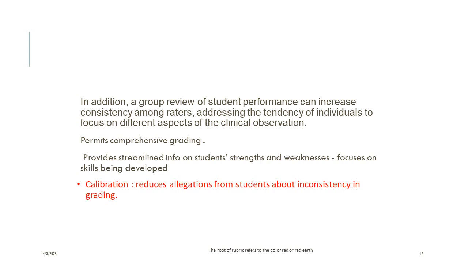We can all have, for example, different cavity preparations, and we calibrate them. Each of us will evaluate them individually, and then we sit together using the common rubrics and come to a consensus or a decision about how we will evaluate the students and what about the critical errors and so on.